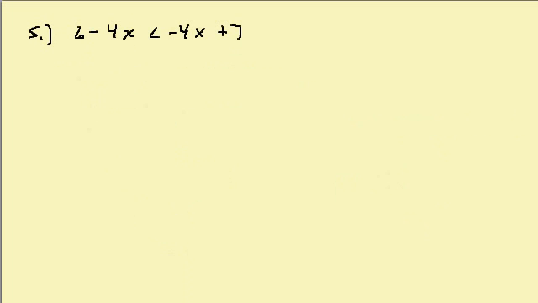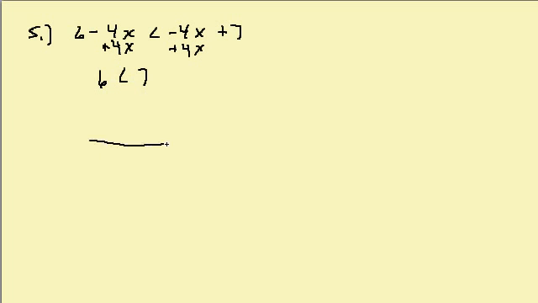Alright, let's look at this one. I'm going to add 4x to both sides. So I get 6 is less than 7. Now, the x's went out, but I'll look at this. 6 less than 7, that's a true statement.